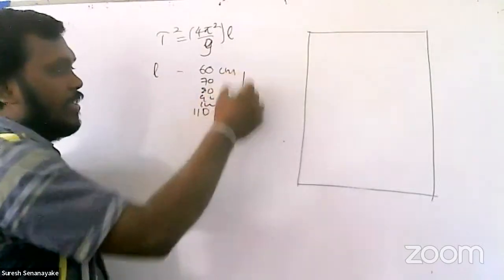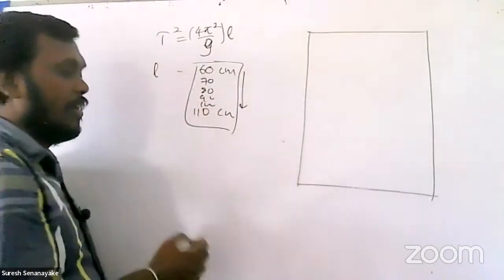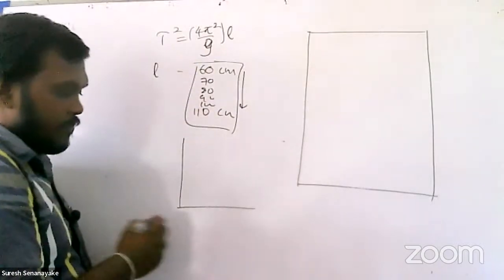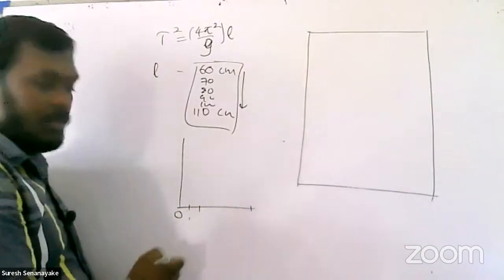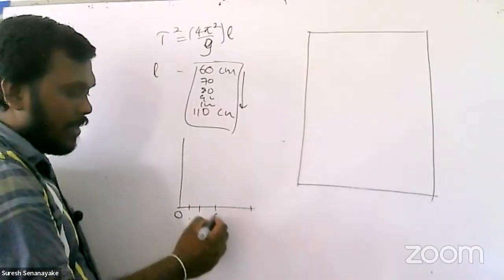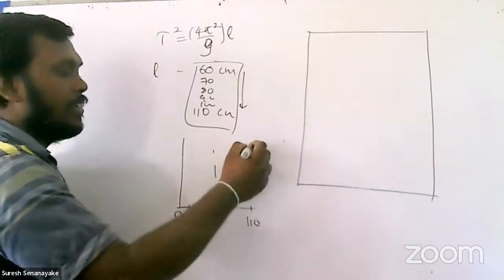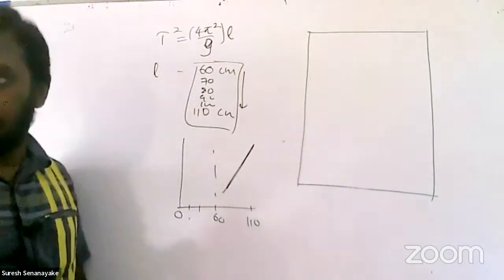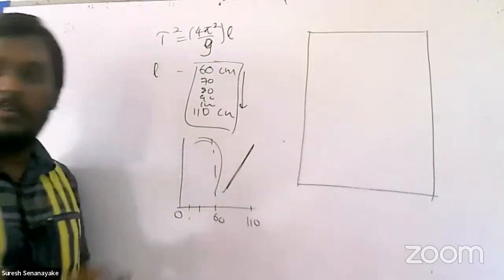Like that we change the length. So our graph range is 60 to 110. If you select the scale 0, then 10, 20 like that, your graph starts from 60 and ends at 110. Then only this part of the paper is covered. So this is not suitable because this part is empty.